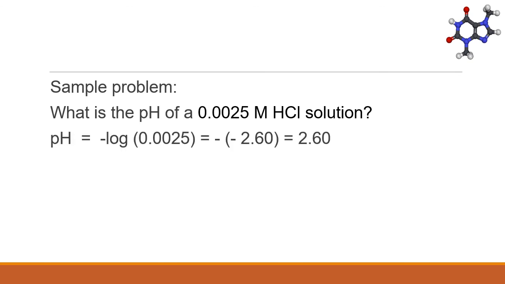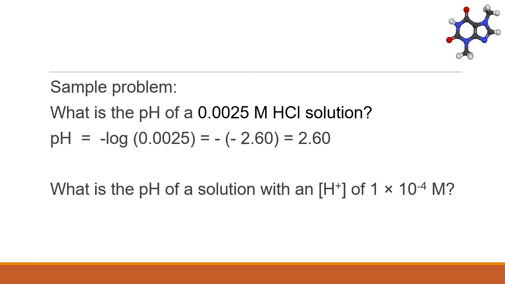Using the formula for pH, we can write the equation as the negative log of 0.0025. First, we determine the log value of 0.0025. Using a calculator, we determine it as negative 2.6. If we multiply this by a negative, we get a positive. So, the pH of this solution is 2.6, which makes it a strong acid.